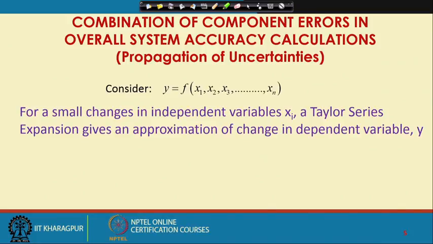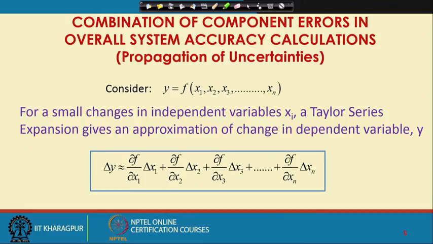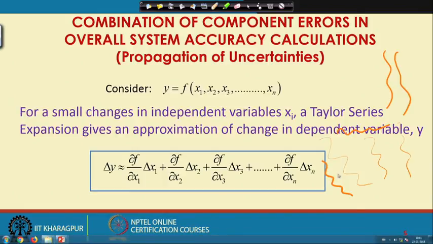So, what we mean is, if these independent variables x1, x2, x3 etcetera change by a small quantity, a Taylor series expansion will allow me to get an approximate change in the dependent variable y, which can be computed as this.